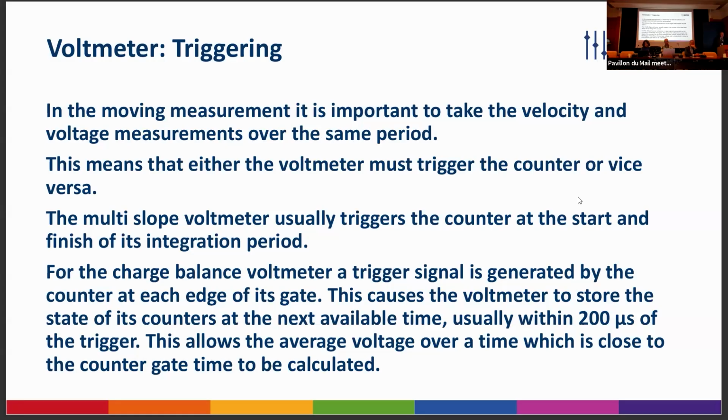In the case of the multi-slope voltmeter, you've seen Frank gave a great description of exactly how that voltmeter triggers the counters. For the charge balance, the trigger signal is generated by the counter at each edge of its gate, and the voltmeter then stores the state of its counters at the next available time.